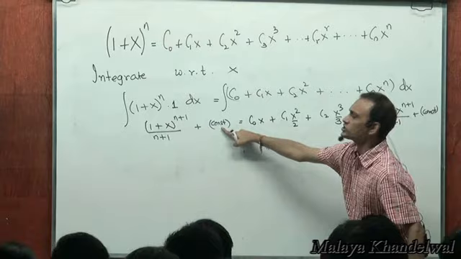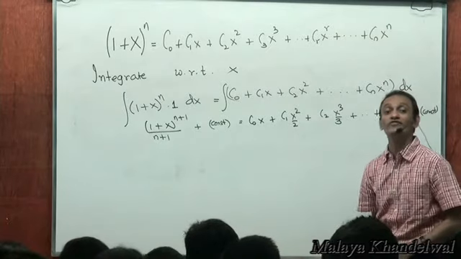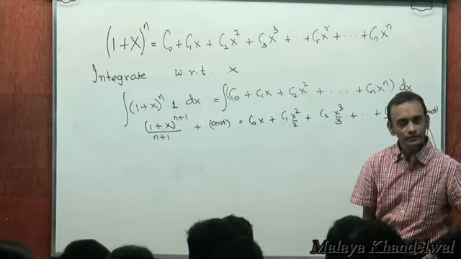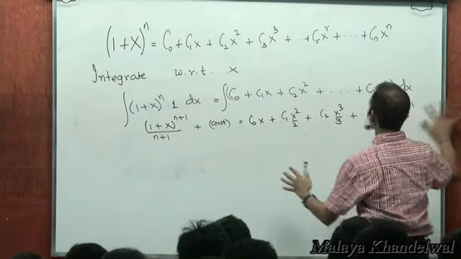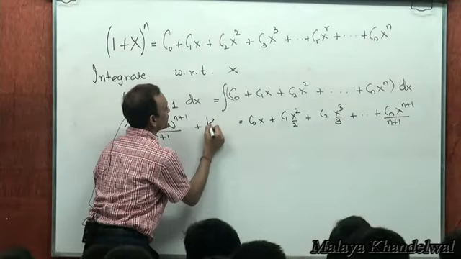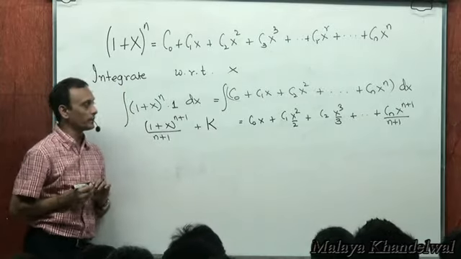But this constant and this constant could be clubbed together to give a consolidated constant of integration, right? So why write that many constants? Let me just call it one consolidated constant k.